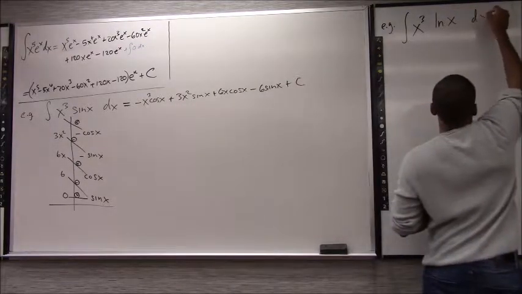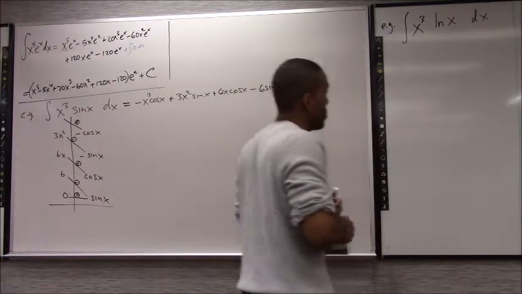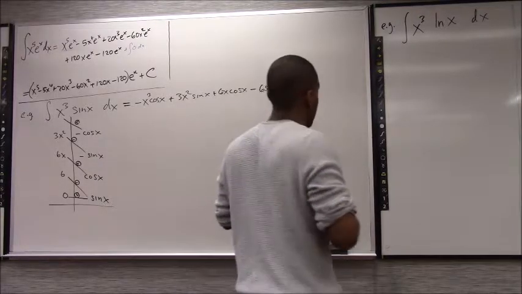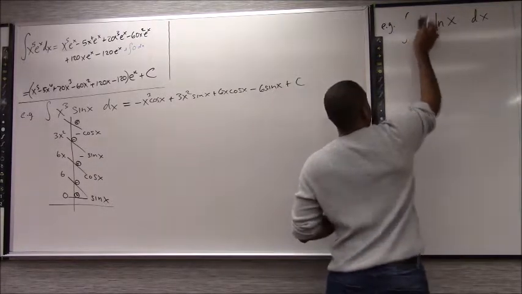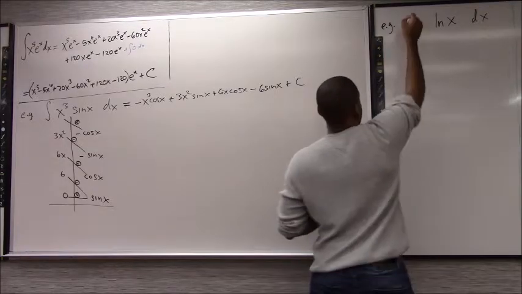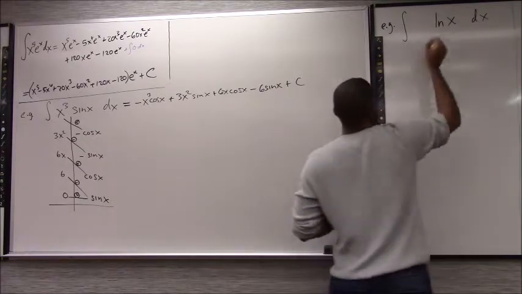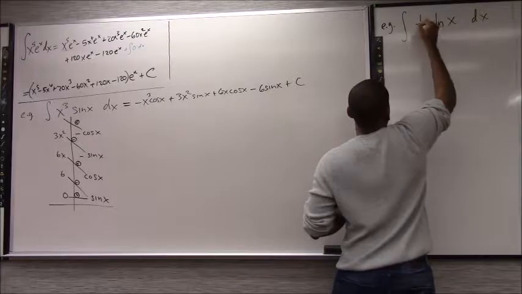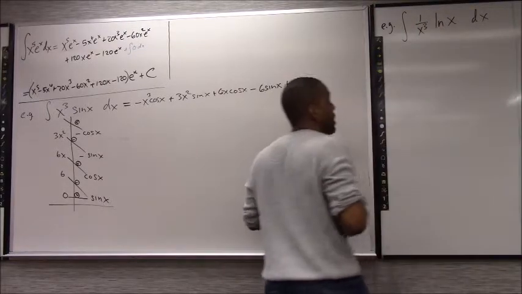Technically that's a 1 integration by parts thing, but let me just illustrate that. That will eventually go to 0, so I don't want to do that. Let's say I had 1 over x cubed ln x.